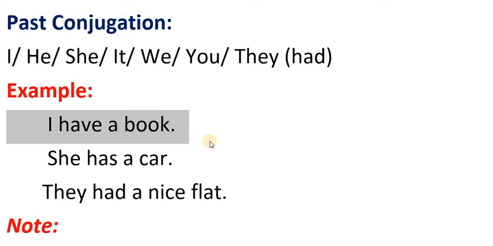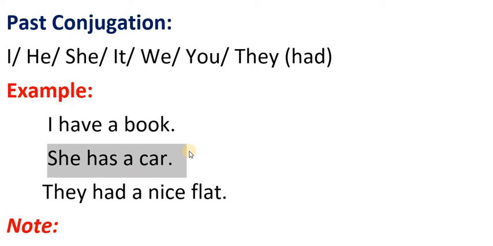The first example is: I have a book. This sentence shows the ownership of the subject I. It means that I am the owner of the book. So, I have a book. The next example: she has a car. It means that she is the owner of the car. So we use the subject she and the verb has, because she is a singular subject.